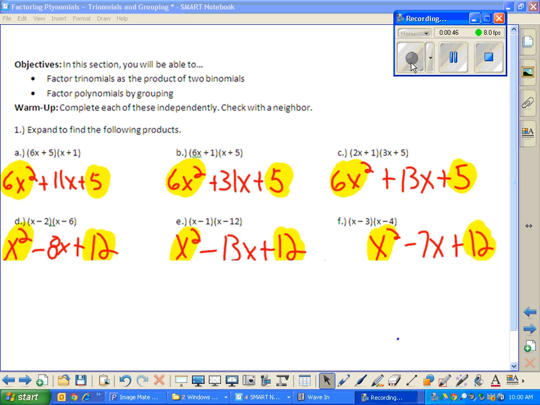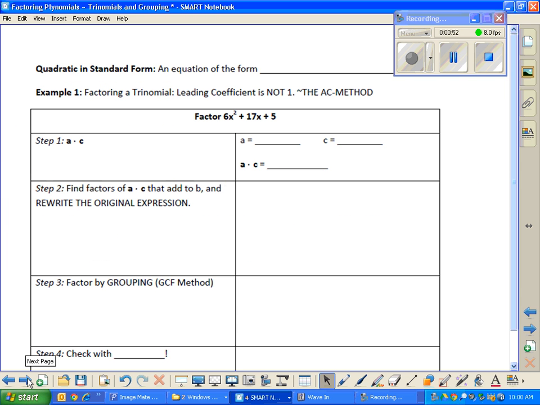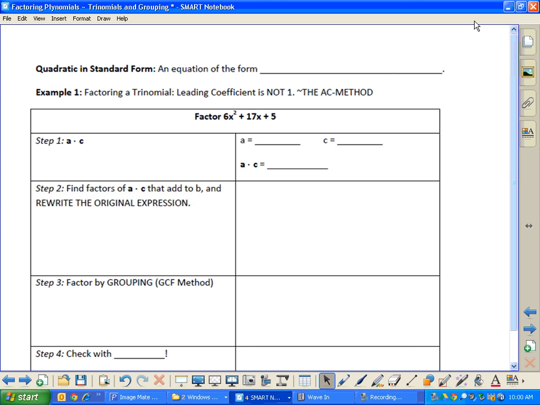So with that being said, the methods we're going to use today pretty much all deal with quadratic equations that are written in what we call standard form. And maybe think back to your experience in Algebra 1. In general, they define for you there what standard form for any polynomial is going to look like.